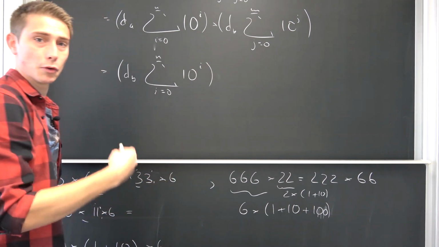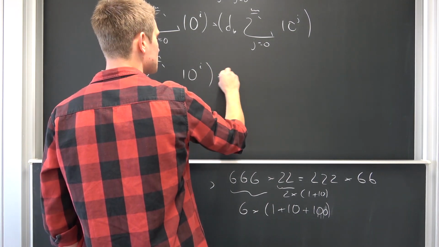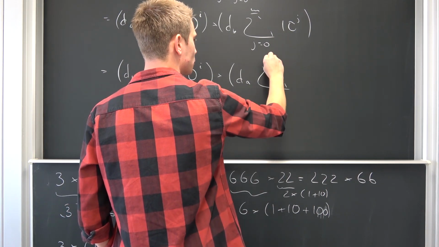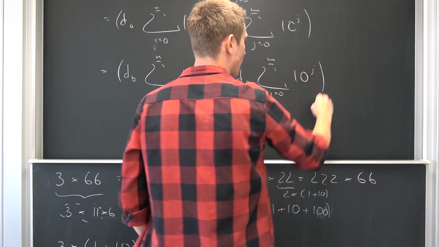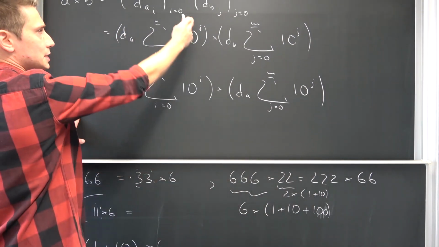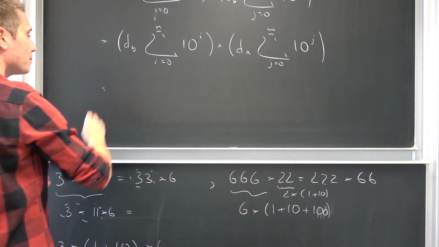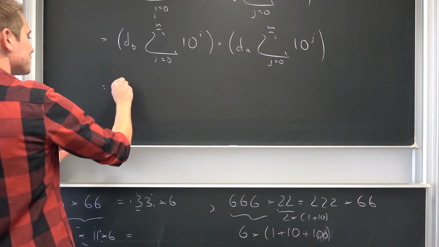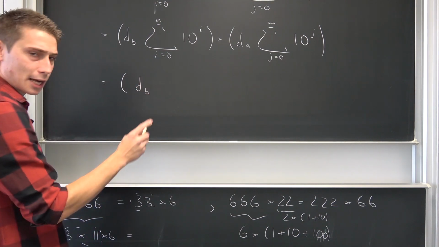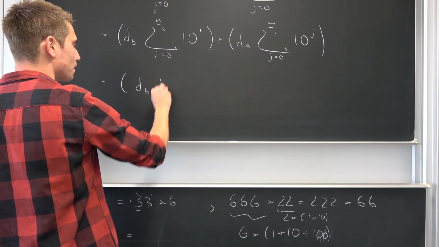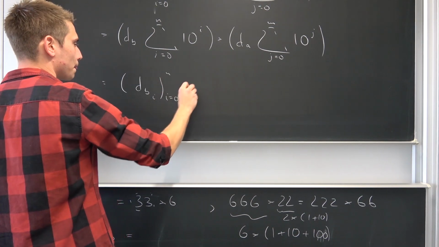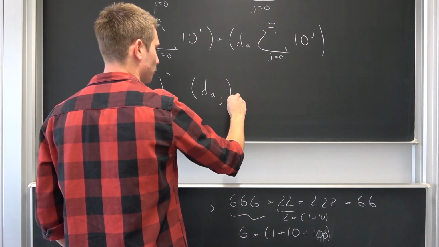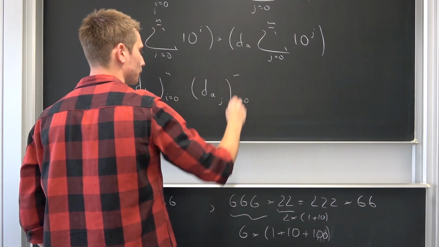This is our new digit thingy, and then times dA from j being equal to 0 to m, 10 to the j-th power. Meaning overall, if you put this into this notation, which is why I made this notation up, because the end result is nice: this is dB, this time running over the index i from 0 to n, times dA over the index j, from j being equal to 0 to m.